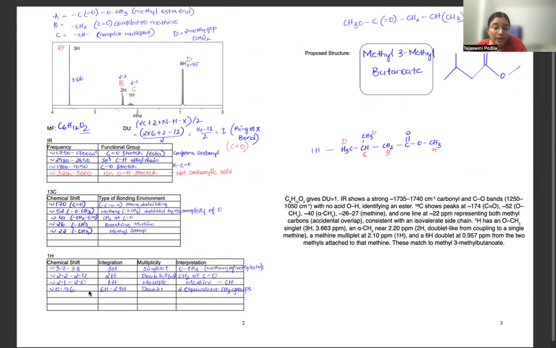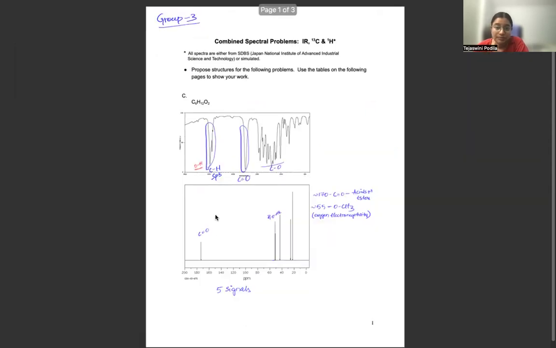And at 0.96, there is a 6H integration, and it is a doublet. So that could be 2 equivalent CH3 groups that are attached to the CH.